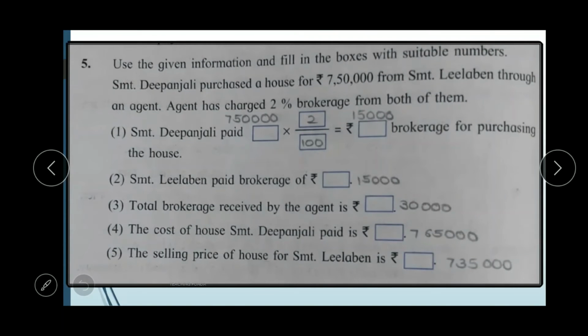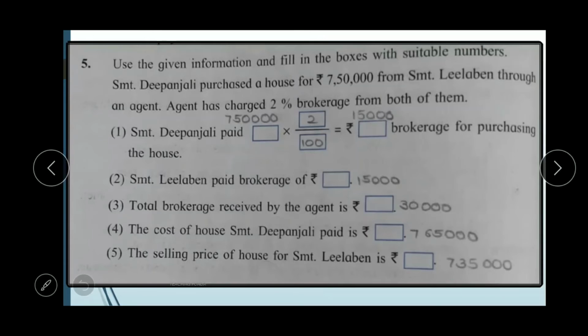Okay, next. Use the given information and fill in the boxes with suitable numbers. Smt. Dipanjali purchased a house for rupees 7,50,000 from Smt. Leelaben through an agent. As I gave you the example, Dipanjali purchased the house, so she is the buyer and Leelaben is the seller.